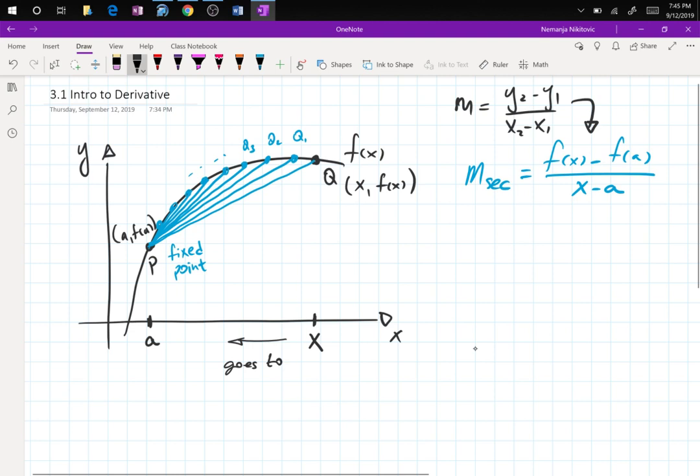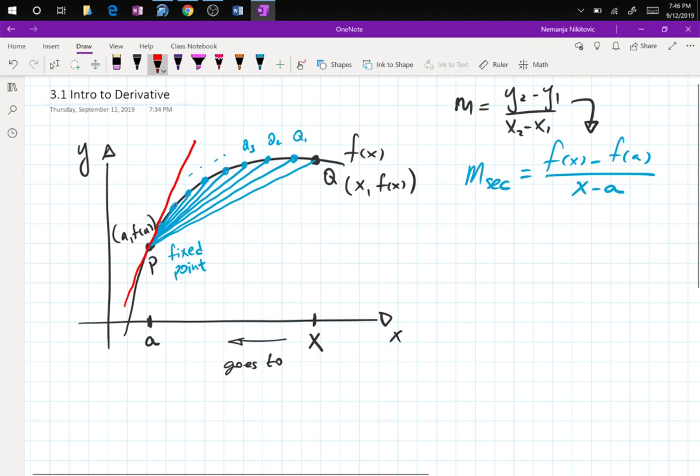But if you are following the trend of these lines, you see that these lines are pointing towards a special line that exists at this point. It's only one of them that exists at that point, because as soon as Q passes P, it will start spawning blue lines again.